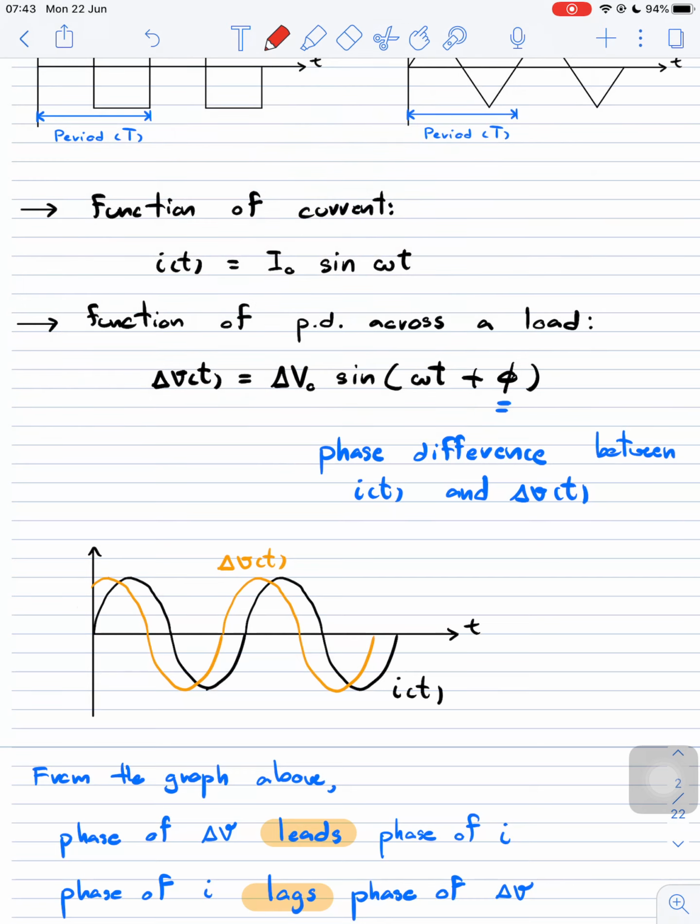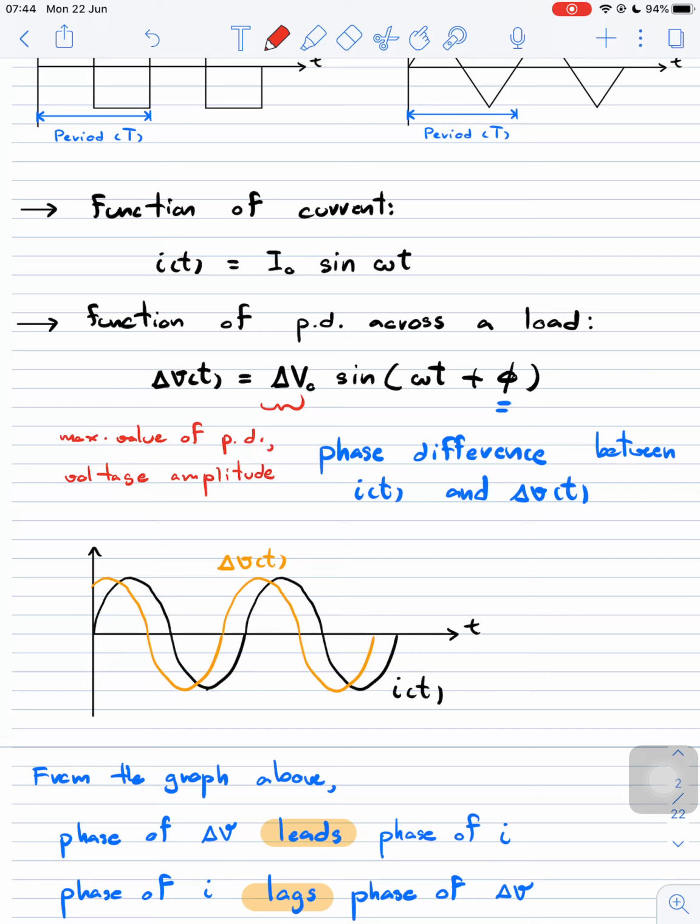This delta V naught represents the maximum value of the potential difference, so it's called the voltage amplitude.